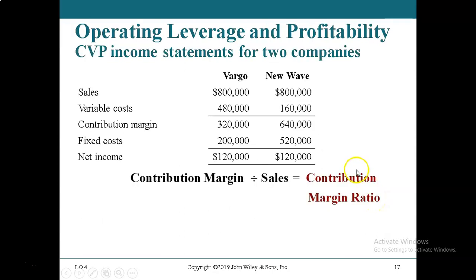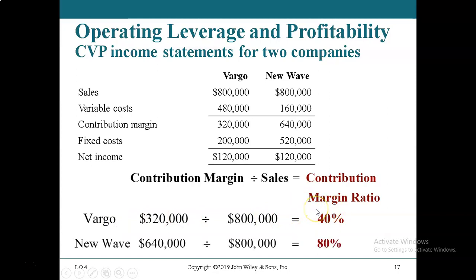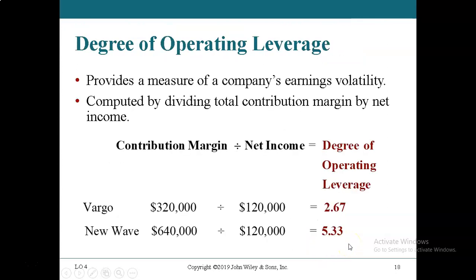We can measure it this way. We can say the following. Well, what is the contribution margin ratio for each? Well, contribution margin ratio is contribution margin divided by sales. Vargo is 40%. New Wave is 80%, right? So what does that mean?